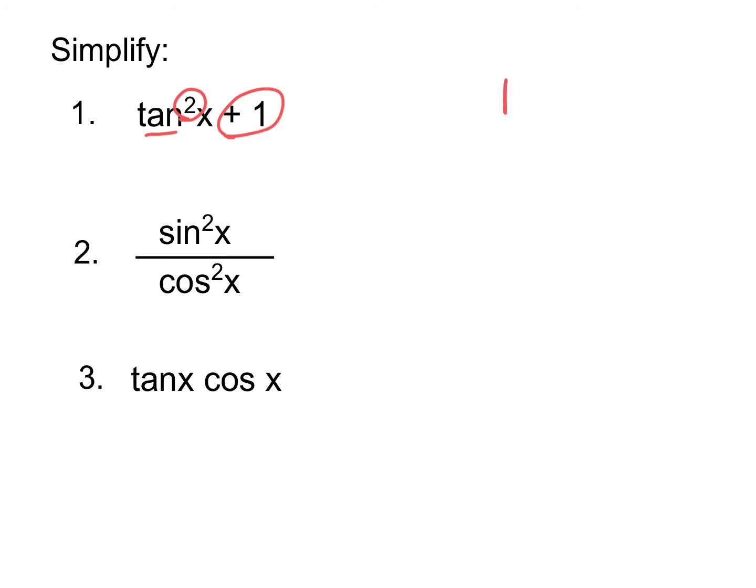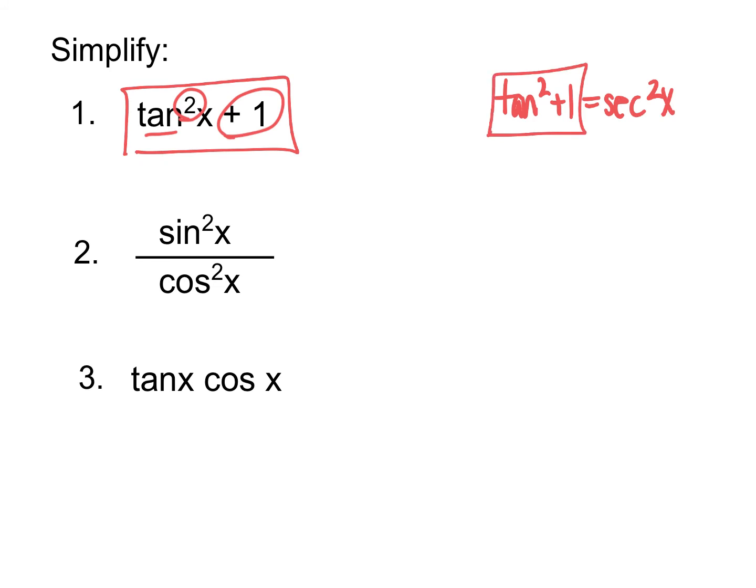And what you see is this: tangent squared plus 1 equals secant squared. And if you have to rearrange this to get this to match this exactly, you will do so. But you will notice it already matches exactly. And therefore what I have in the red box on the left and the red box on the right is equivalent to this. So this is equal to secant squared. That is my answer for the first one.